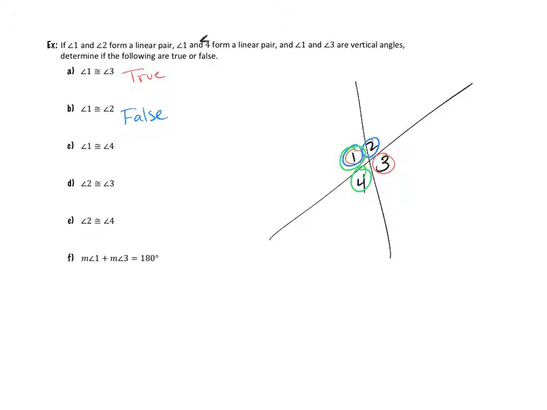Well, again, if they were both 90, they would be, but we don't know. So that has to also be false. Similarly, 2 and 3 are a linear pair, so that is also going to be another false statement. But angle 2 and angle 4 are vertical angles, so they are congruent, so that is true.